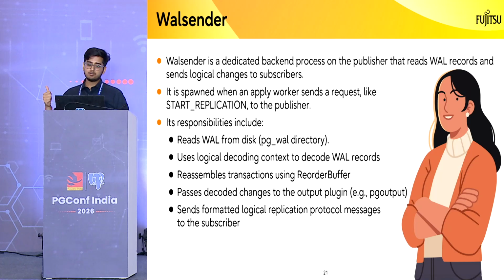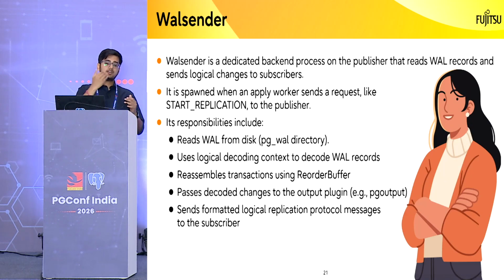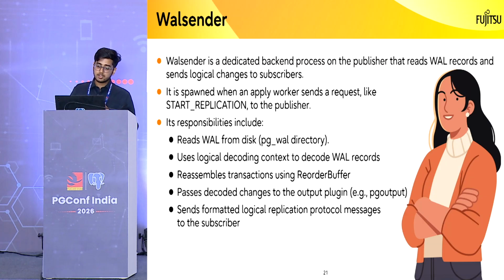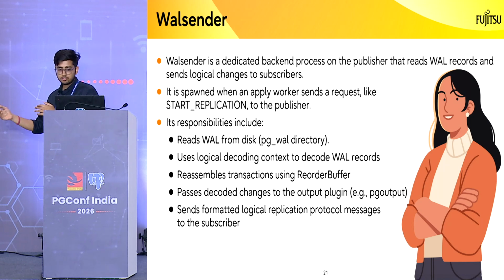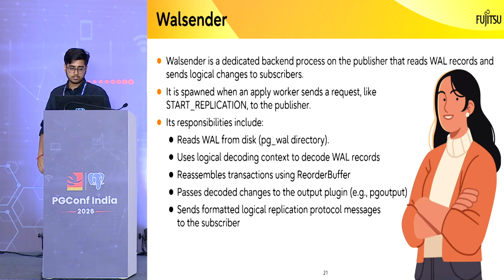Its main responsibilities are to read the WAL record from the disk, use the logical decoding context to decode this WAL record, then reassemble the transaction using the reorder buffer, and pass these decoded changes to the output plugin, where the output plugin will construct the logical replication protocol message, and then the WAL sender finally sends that to the apply worker.